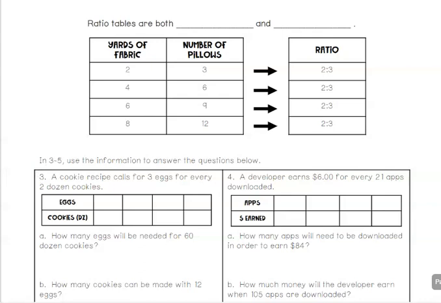So that kind of brings us to the next piece here. So ratio tables are both additive, meaning you could just add to get to the next piece, and multiplicative, meaning you could multiply to get to the next piece. So it just kind of depends on how you look at it. So for example, I could look at it this way, as each time I'm going down here, I'm adding 2.